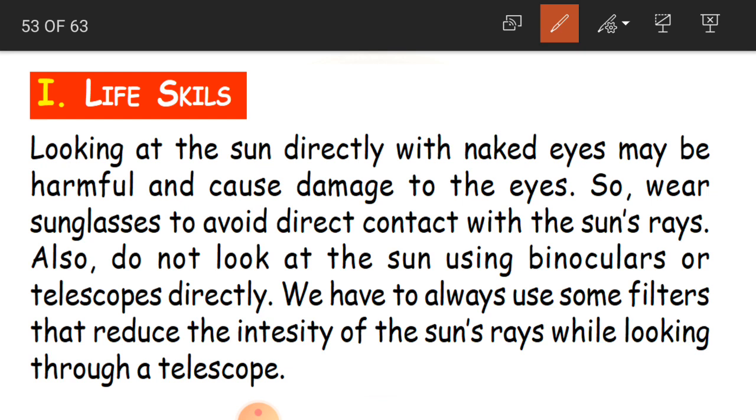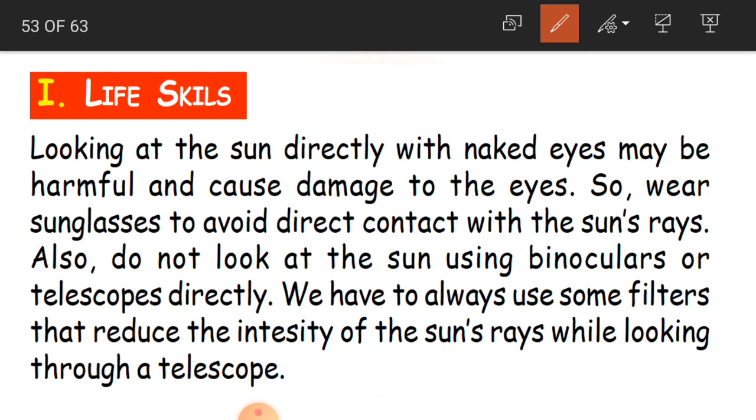See, children, this is very good advice for everybody, and you have to follow this because normally when we try to see the sun directly, we cannot see it keeping our eyes wide open. We will blink. Why?